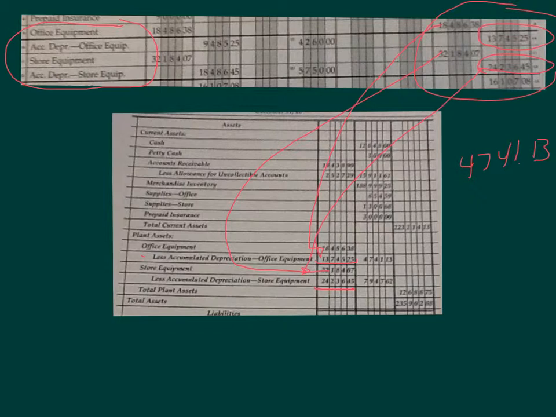The next step is to take your line now. We have the book value of office equipment and store equipment. The total of those two numbers will be placed with a title called Total Plant Assets, which is $12,688.75.